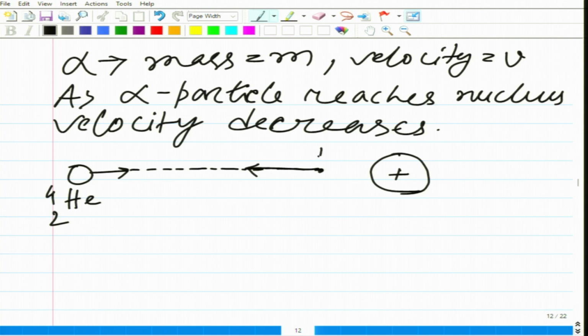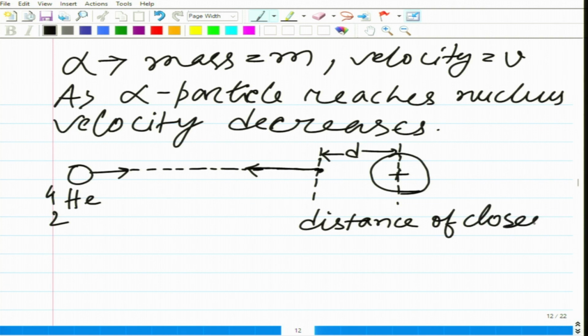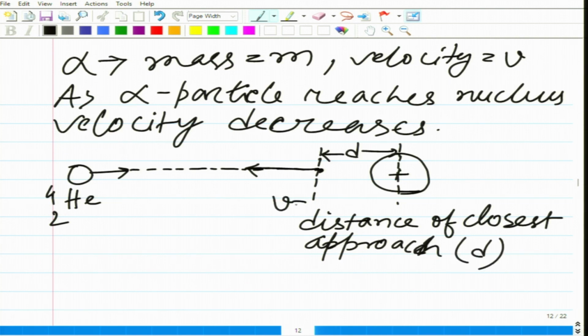This distance between the nucleus and the alpha particle is known as the distance of closest approach, D. At this point V becomes 0.